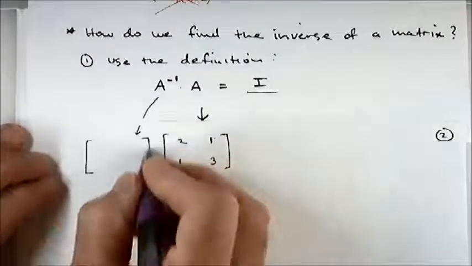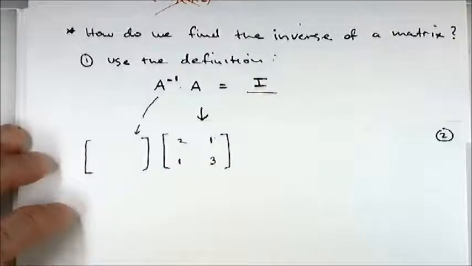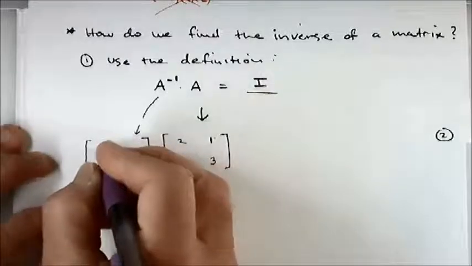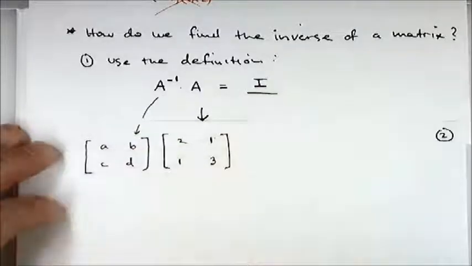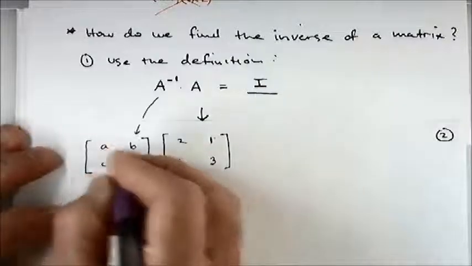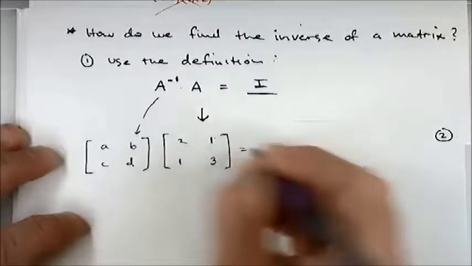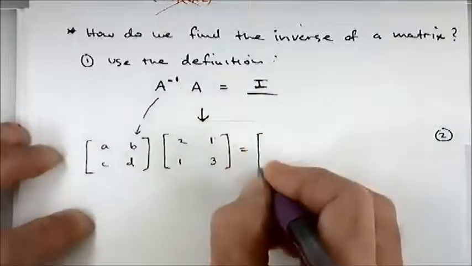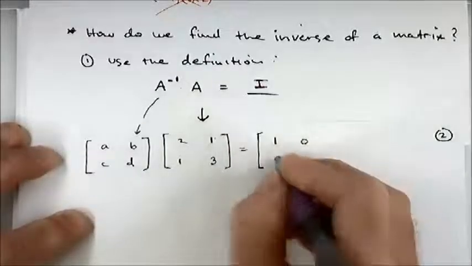I don't like the A1,1, A1,2 subscript notation; that gets too confusing for me. So how about I just go A, B, C, D? I know why we do that. In matrix algebra they want to have the subscripts to identify the row and the column, but it just gets too much for me. So I'm going to use A, B, C, D. And we know I for a 2x2 would be 1, 0, 0, 1.